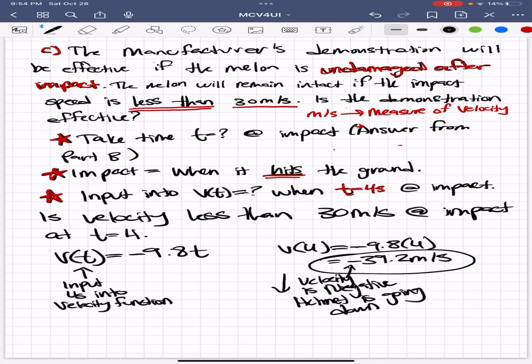So we have the velocity there, and the velocity is more than 30 meters per second. It is negative 39.2 meters per second.